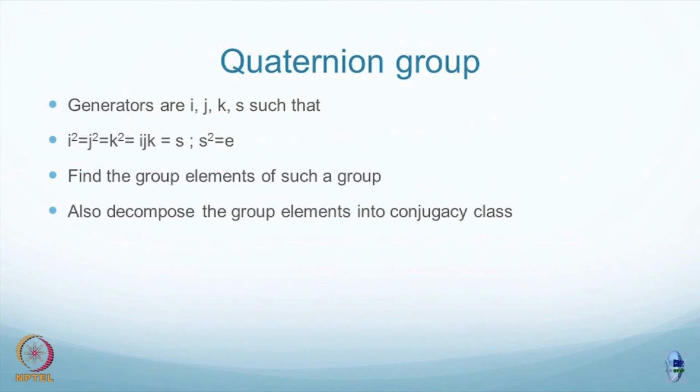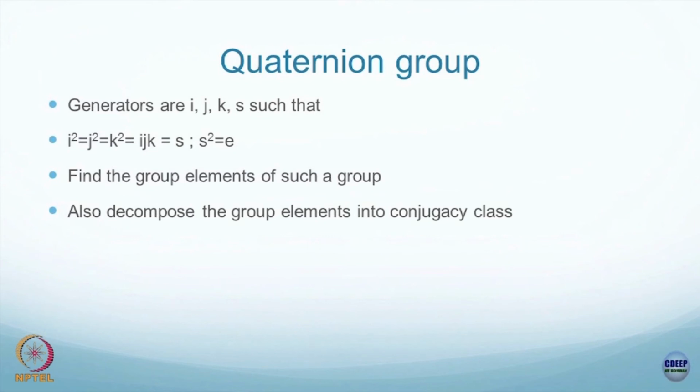A couple of things which are interesting: complex numbers at times look very unphysical when you put an i factor and then you are used to i squared equal to minus 1. So, here there is something called the quaternion group where you have i, j, k like your imaginary numbers, and s is roughly -1 as a mapping, which satisfies properties like i squared equal to j squared equal to k squared equal to -1, and then s squared is identity.